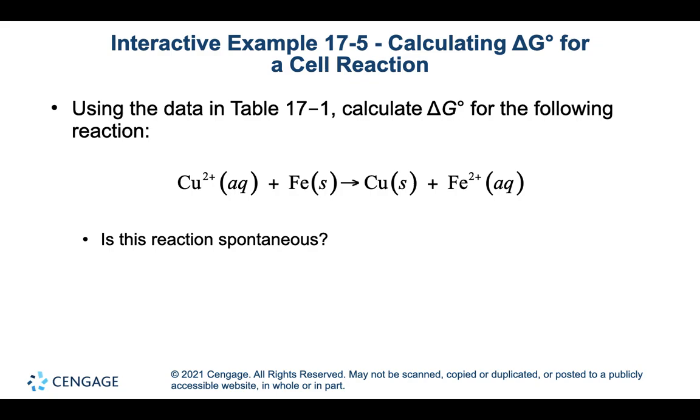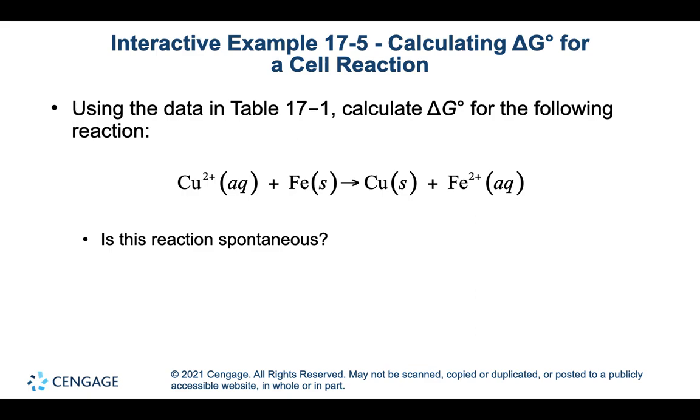So a math problem might be, I've got a redox reaction. Let's see if we can use the standard reduction potential table to calculate the delta G of this reaction, and then determine, is it spontaneous or not. So I have a reaction. I've got some copper 2+ ion and some iron atom, and it's forming copper and iron 2+.